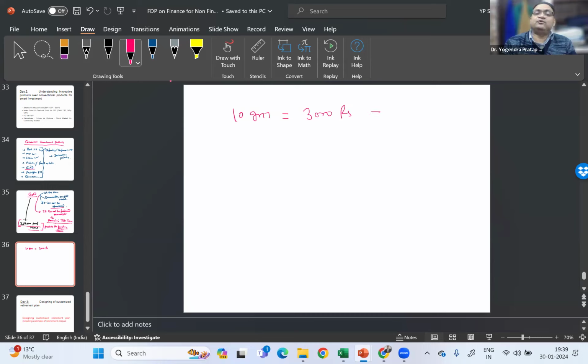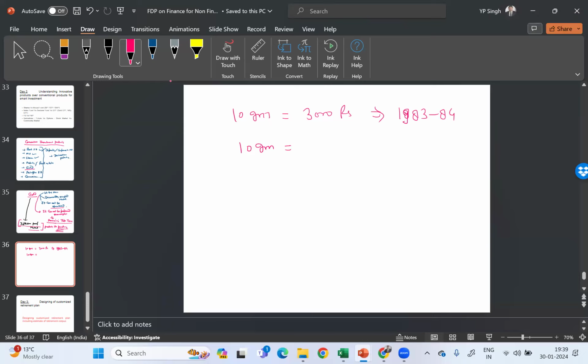And which year could it be? So it may be, sir, somewhere in 83, 84. 1983, right? 84. You are 100% correct. Now, what is the price of 10-gram gold today? As of now, 63,000. 63,000 rupees in 2024.